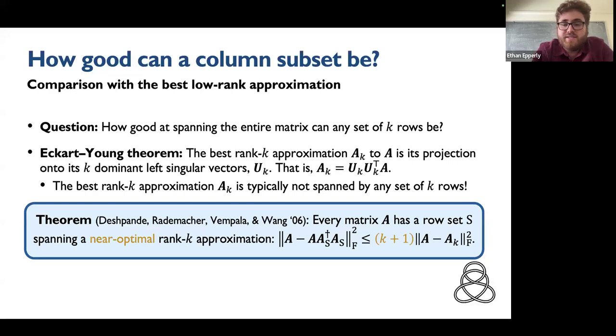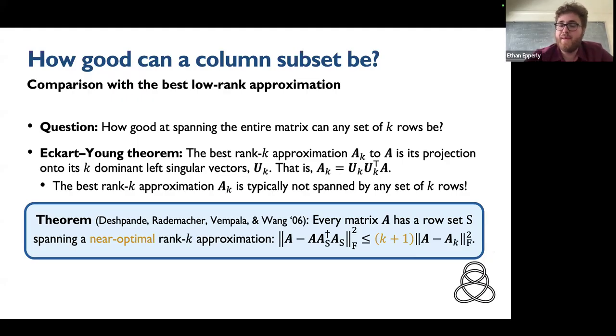So there's a very nice existence theorem due to Deshpande, Rademacher, Vempala, and Wang in 2006, which states that every matrix A has a row set S of cardinality K, which spans a near optimal rank K approximation, in the sense that A minus A hat, where A hat is this optimal W matrix times the row submatrix, the squared Frobenius norm of this quantity is always going to be at most K plus 1 times the best rank K approximation error, again in the squared Frobenius norm.